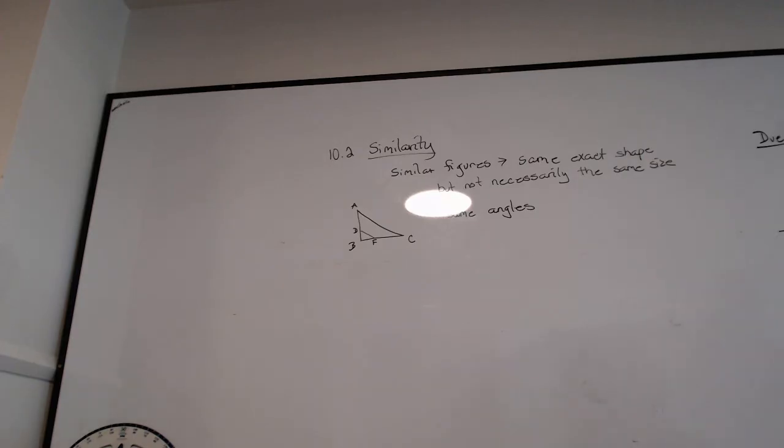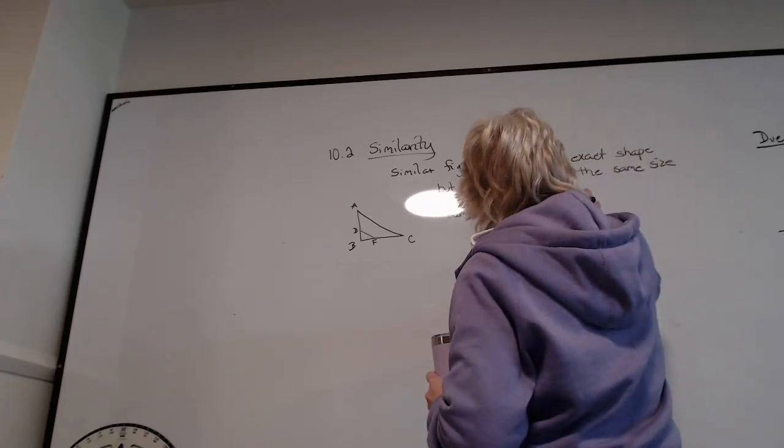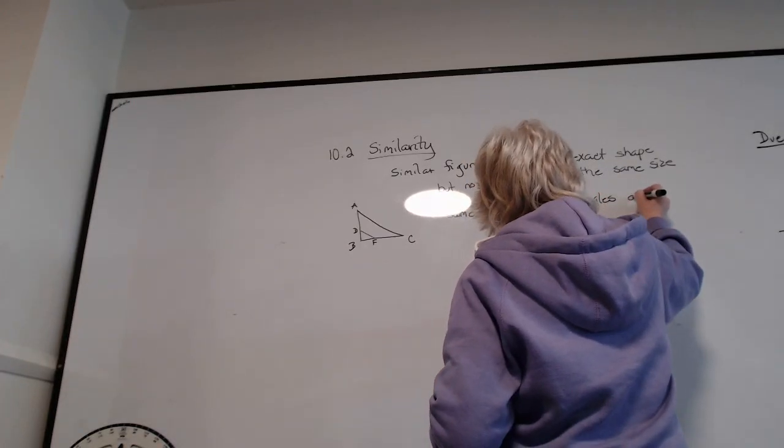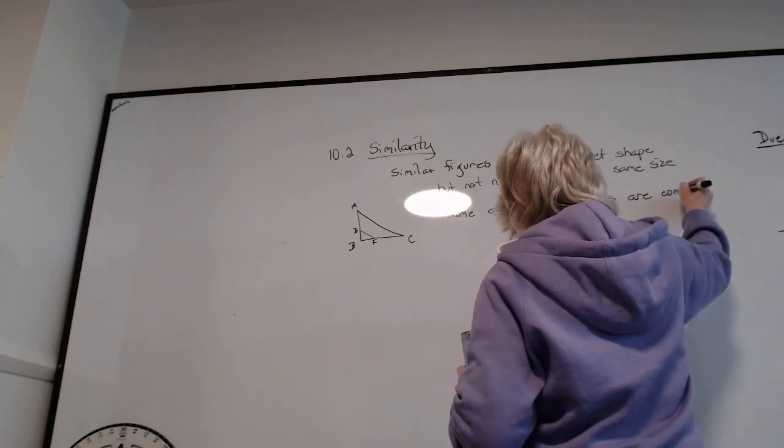When they have the same angles but are not exactly the same size, they are similar. So in similar figures, all angles are congruent.